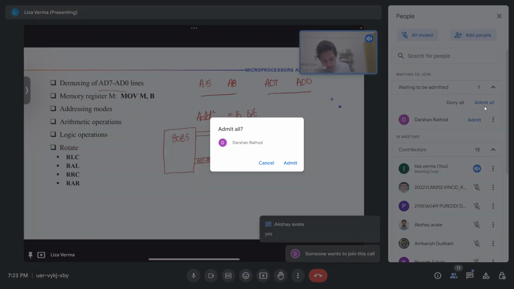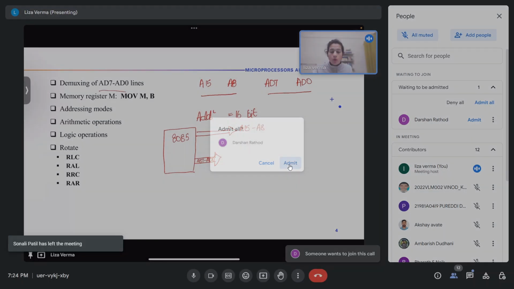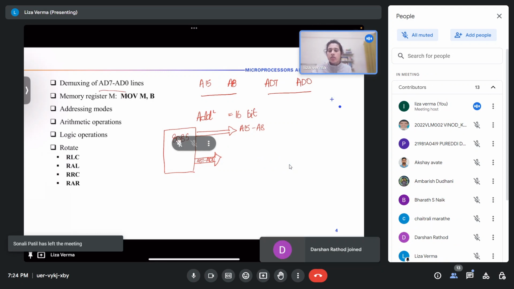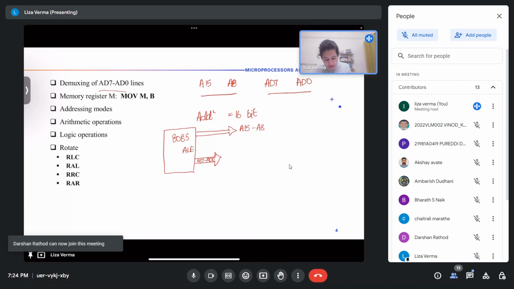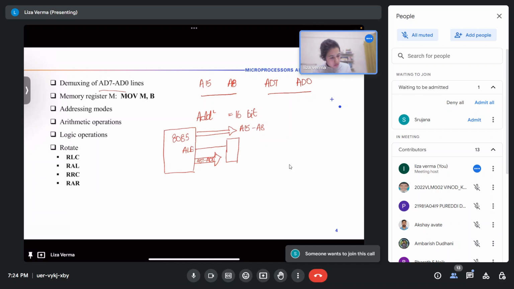So, what does 8085 do to differentiate between whether to load data or address to this lower order bus? It uses the ALE signal, that is, address latch enable. The address latch enable signal is connected to a latch, which will hold your lower order address.